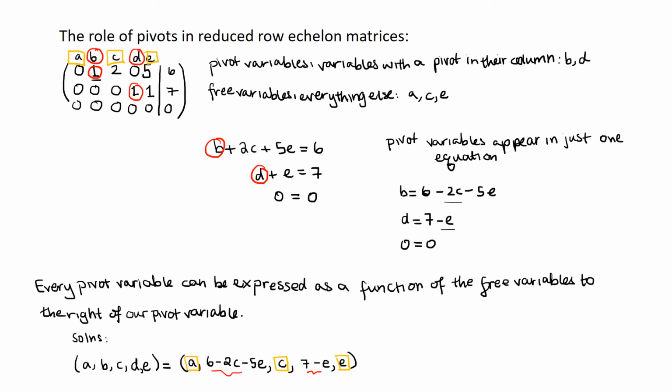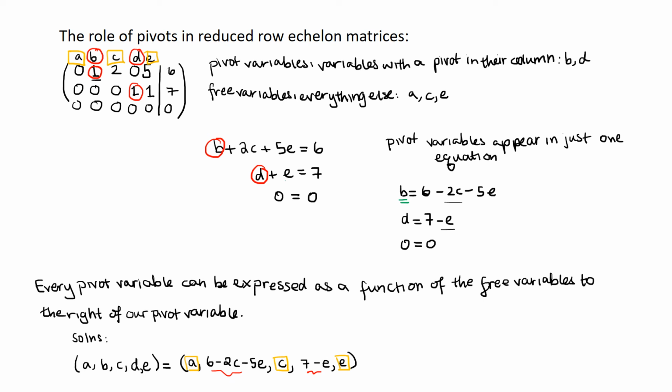So our pivot variables occur in just one equation. That means that this variable B cannot show up in any equations further down. So it's really clear how B depends on C and E, and there's no other hidden dependency. There are no other variables that affect this.